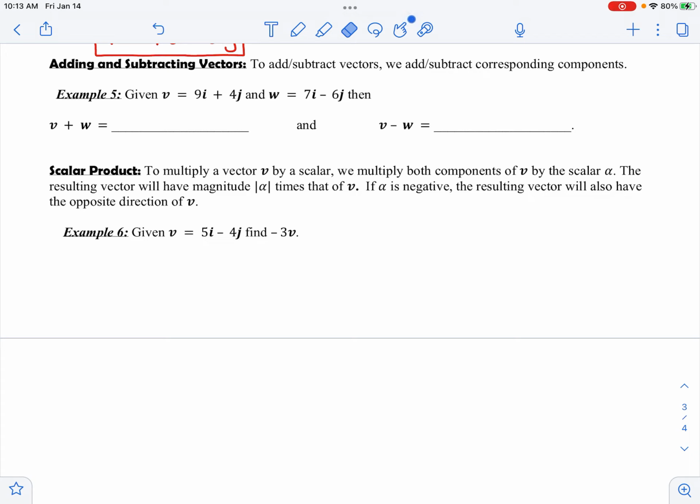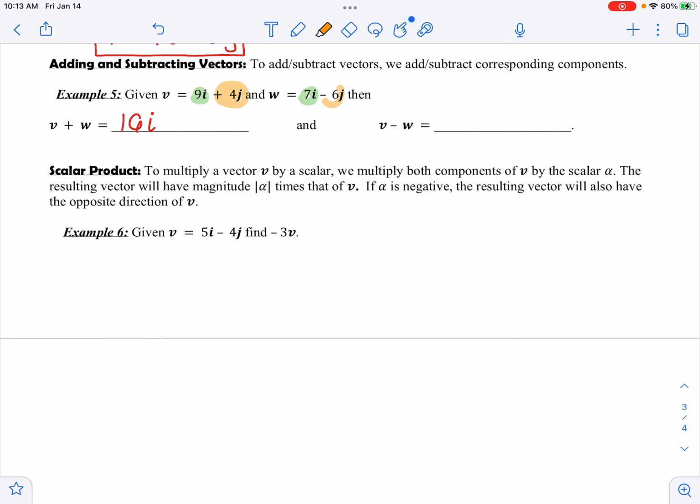Okay. Last but not least, adding and subtracting vectors, super easy. To add or subtract vectors, you add or subtract the corresponding components. The components, once again, are the a values and the b values. So if I have vectors v equals 9i plus 4j and w equals 7i minus 6j, if I wanted to add v and w, I would add the i values. So v plus w is equal to 16i.